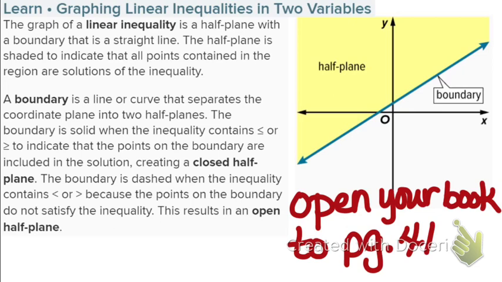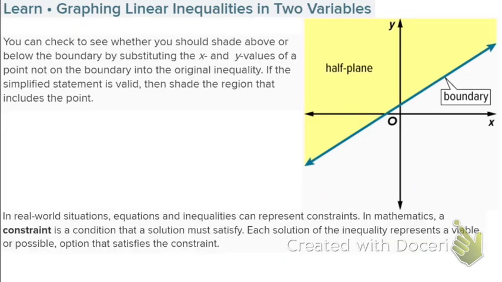Then we're going to have to decide which side to shade on, and we'll do that using a test point. We're going to check whether we should shade above or below by picking out some point that is not on that line. Why would it be important for me to not pick out a point that's already on that line if I'm trying to figure out where to shade?